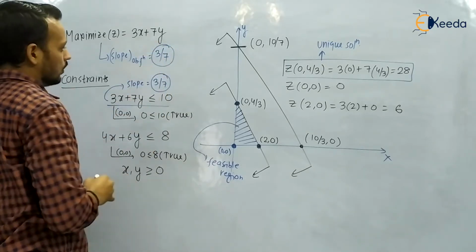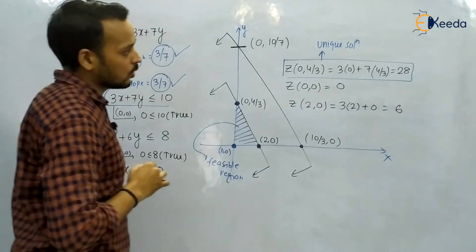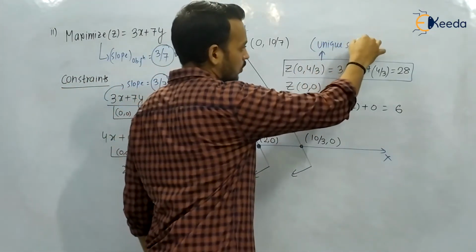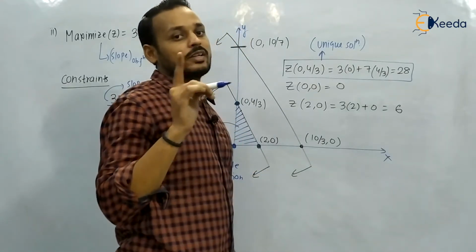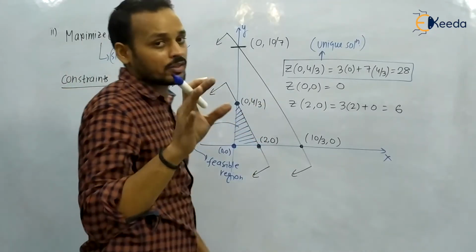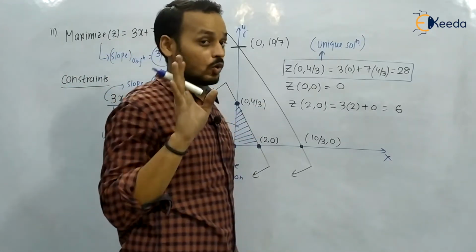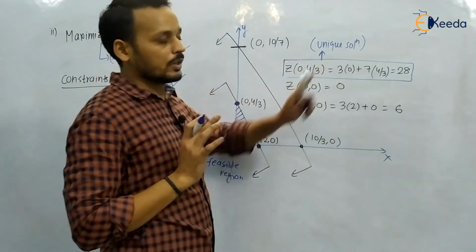So both are equal. The slope of the objective function and the slope of one of the constraints is equal, but the solution is unique. So we should not always say that if the slope is equal, then the solution is multiple optimal. No, it is wrong. You can see we have not got a multiple optimal solution.